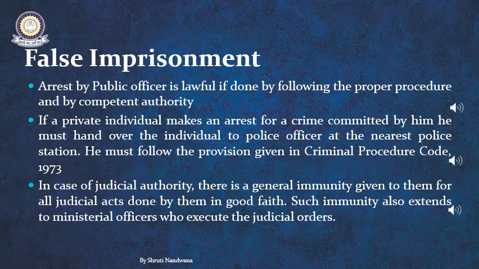A public officer, that is either a police officer, a person acting under his order, or somebody who is authorized under law to detain a person or lawfully arrest a person, has the lawful authority to restrain or detain a person. So even if he absolutely restrains a person from moving in any direction, he is justified in doing so. However, he must do it in a proper procedure, and the restraint should be by a competent authority, right?